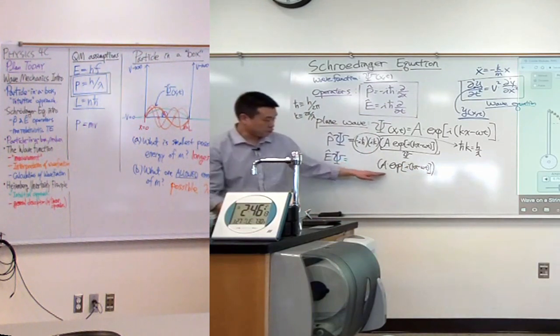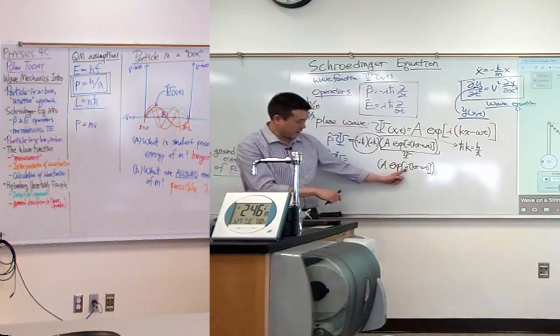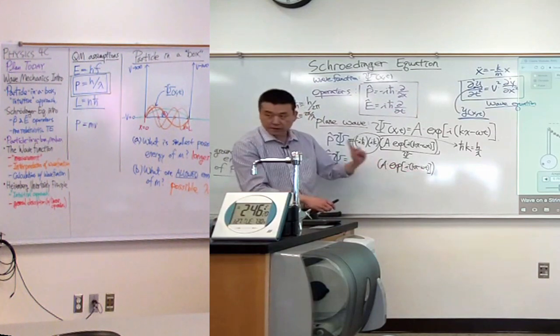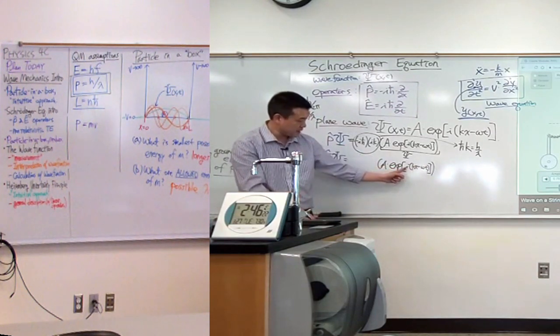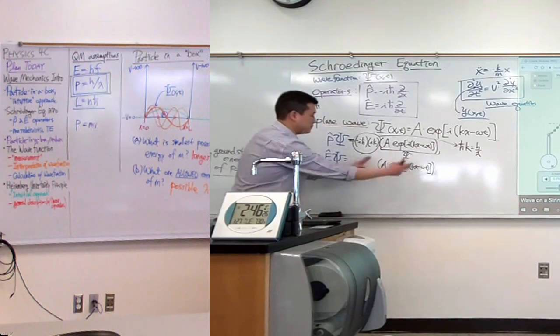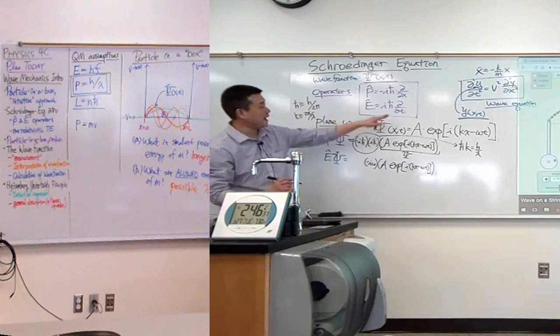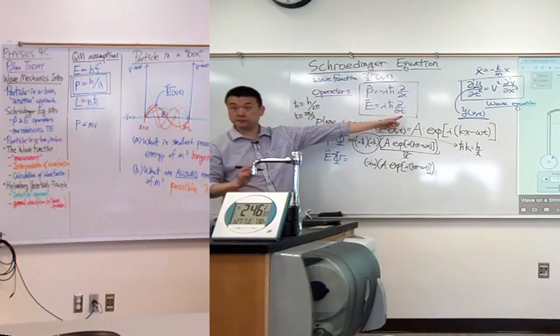So that's the derivative of the outside. Derivative of the inside, i(kx minus omega t), I'm going to get a factor of minus i omega. Right? So let me pull that out here, minus i omega. So that's the time derivative in the energy operator.